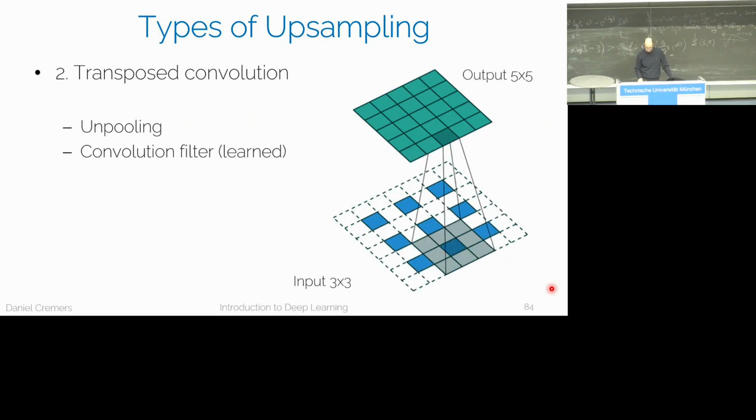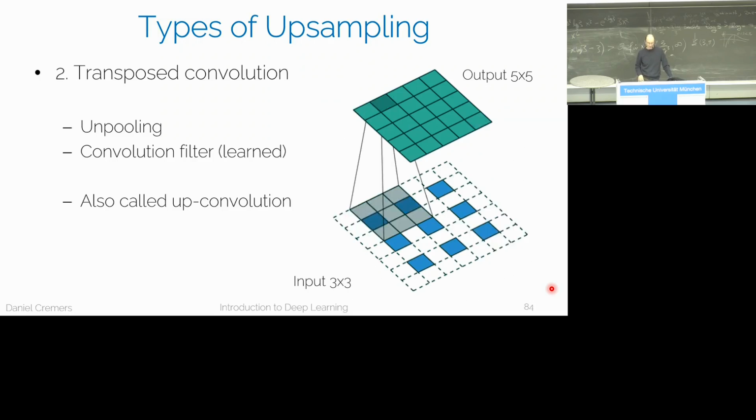Deconvolution is something different. Deconvolution is when you do a convolution and you want to invert the effect of that convolution. It's a different problem. Here it's really a convolution that increases the resolution of your input.